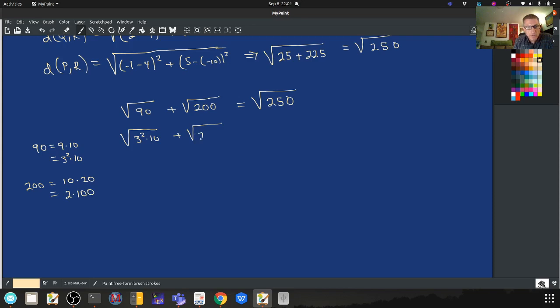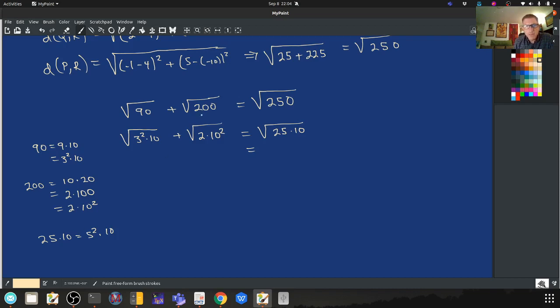So this is 2 times 10 squared, because 100 is 10 squared. And this is going to be equal to 25 times 10, which is equal to 5 squared times 10.